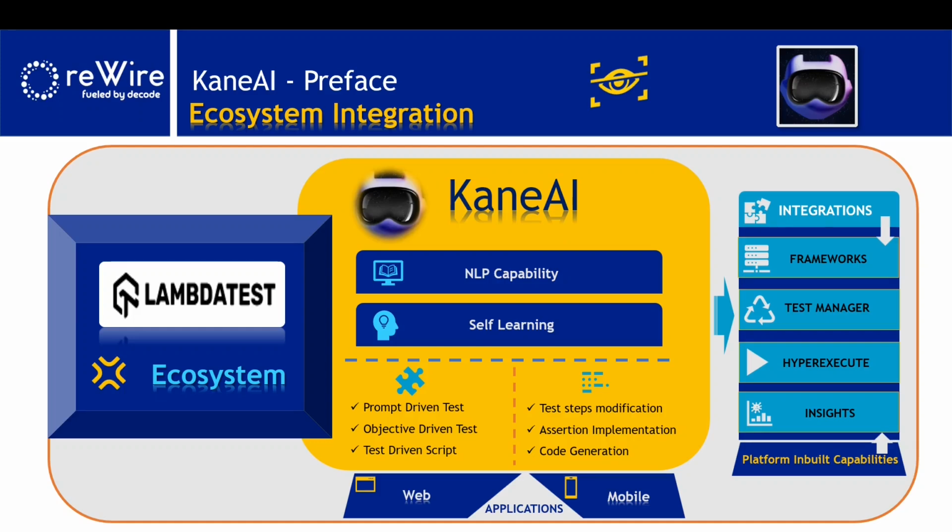So this is the quick overview of KaneAI. As I told, LambdaTest announced their software testing agent in the month of August 2024. That is their innovative product on the AI platform side, named KaneAI, purely for software testing activities, integrating with the in-house and inbuilt components of the LambdaTest ecosystem.